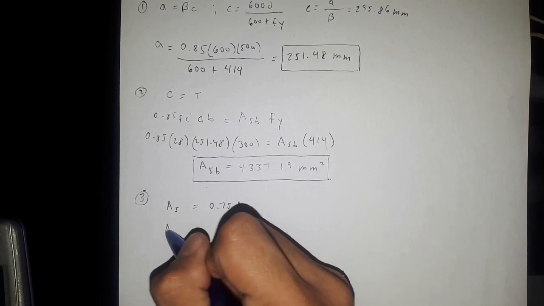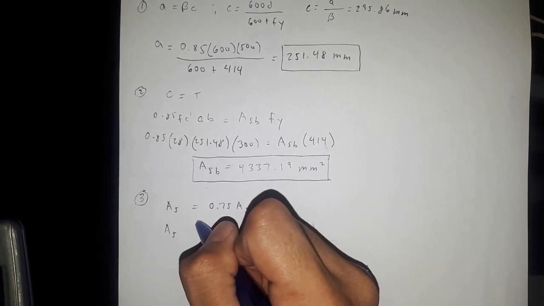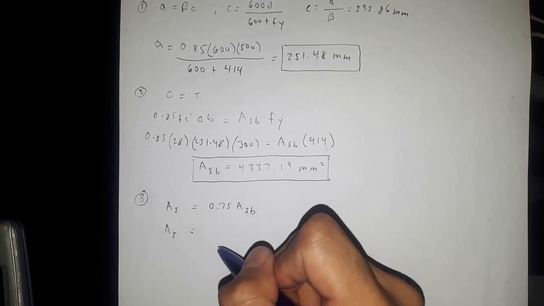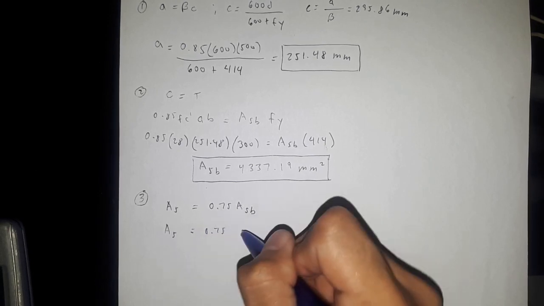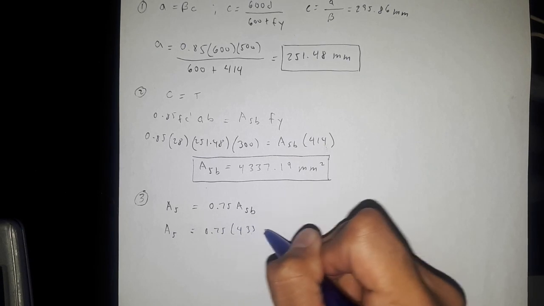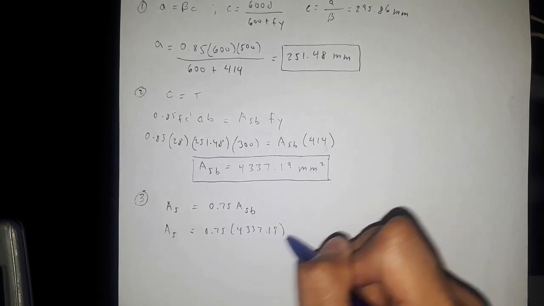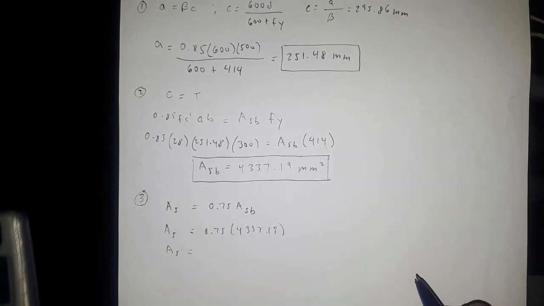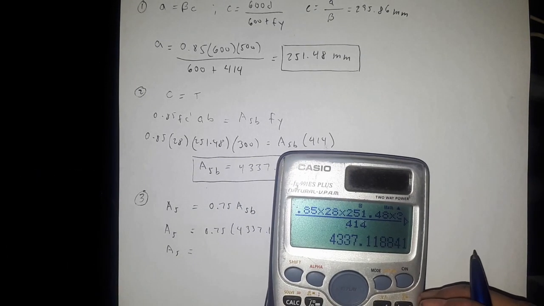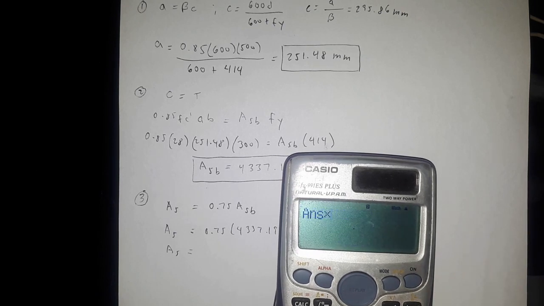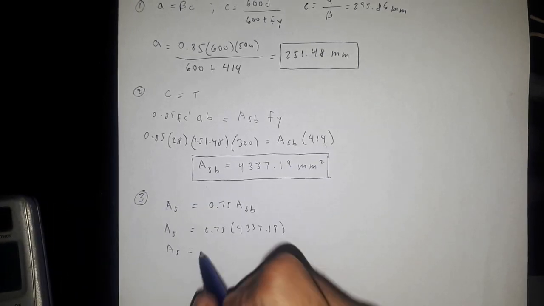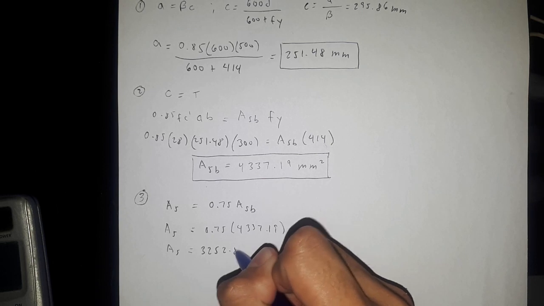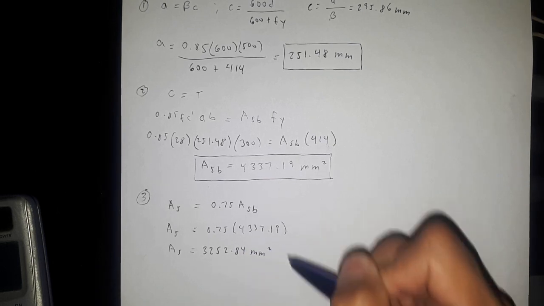So our As will be equal to 0.75 times As balance. The As we will use, this one we got earlier, multiplied by 0.75. So we have 3,252.84 square millimeters.